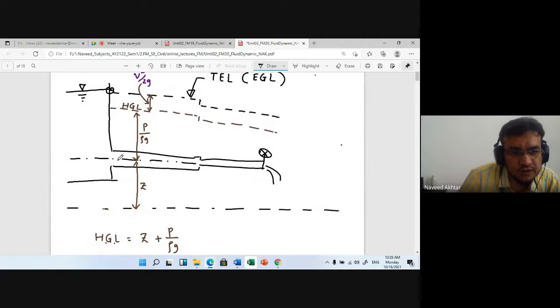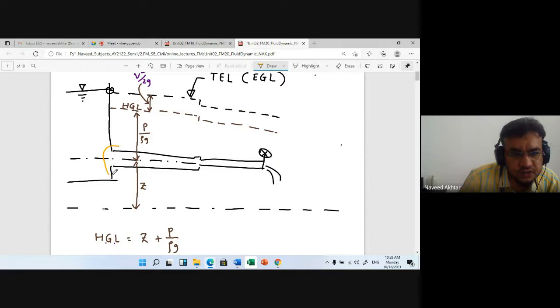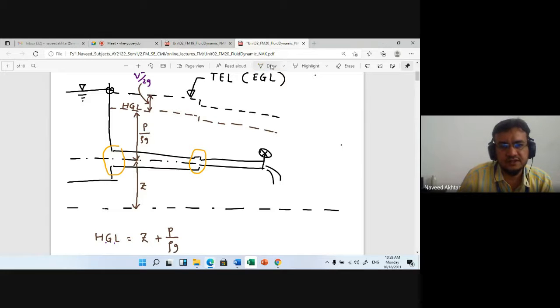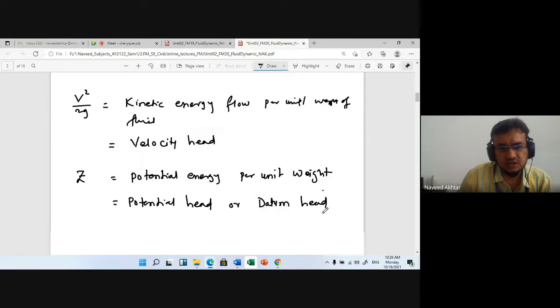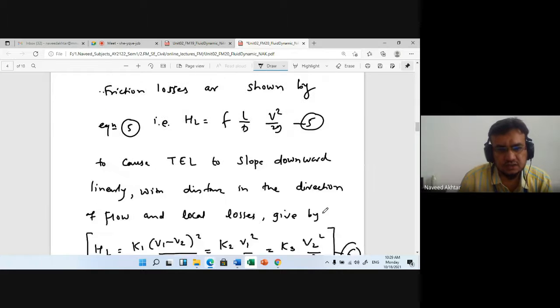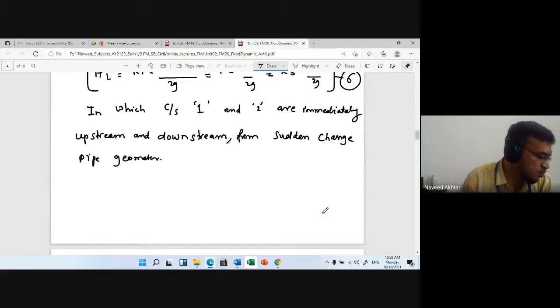This is the conduit pipe. Here the geometry is different, so they are changing the geometry. That's why we are incorporating that. So here the figure is very important, that's why I have drawn the figure first. Pipe geometry.